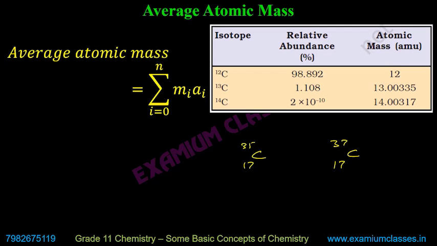According to their abundance, you will use just two terms, M1 A1 plus M2 A2. Their abundances and individual atomic masses will be given. Just multiply and add.